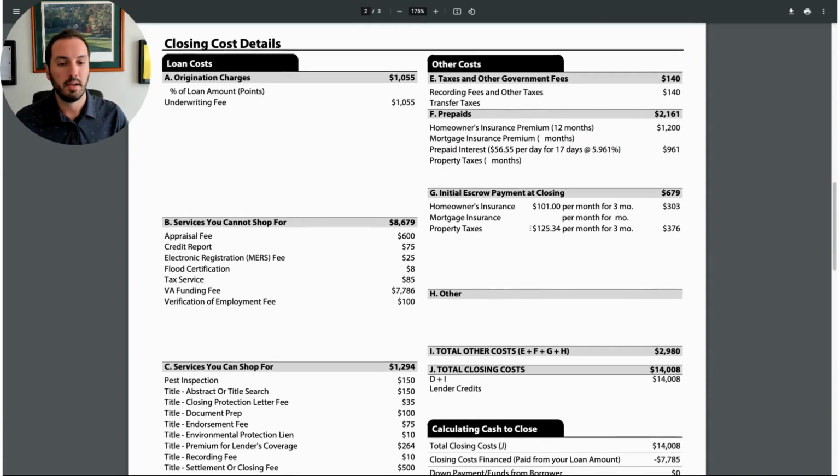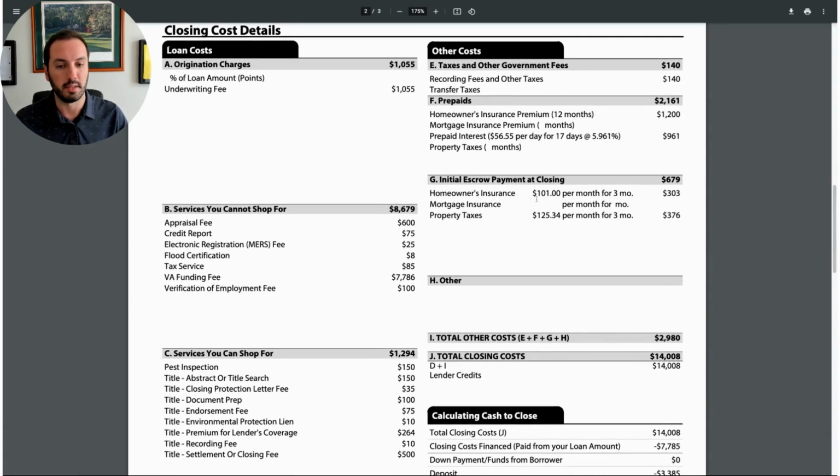And then again, back to this homeowners insurance and property taxes. Another way people make their numbers look a lot less is they'll put 2 months and 2 months. Home insurance is going to be 2 or 3 months, depending on when you close during the month.